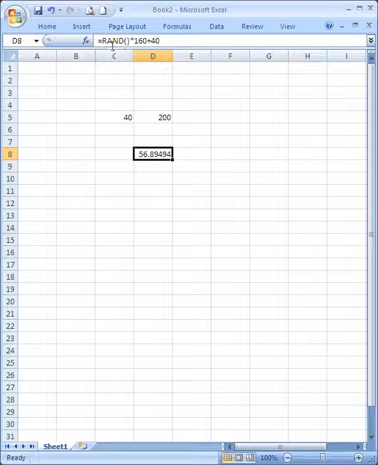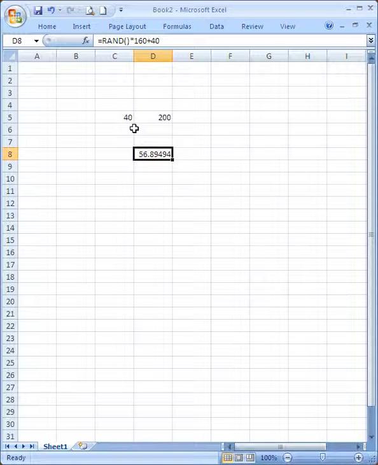What about when rand gives its highest possible answer? That's 1. In that case, we have 1 times 160, or 160. In general, we get the size of the range. If we take the size of the range and add it to the lowest number of the range, what we get is the top number of the range.